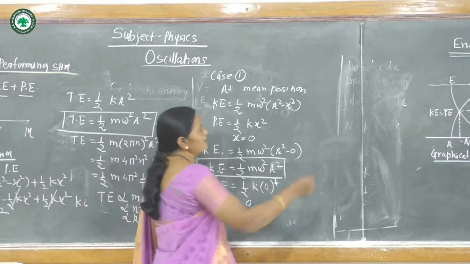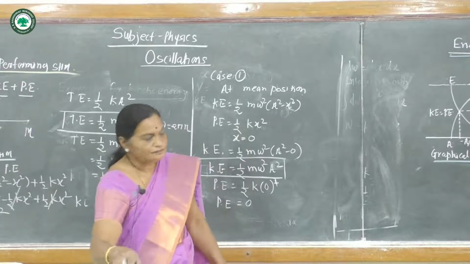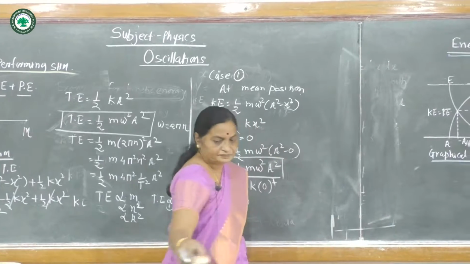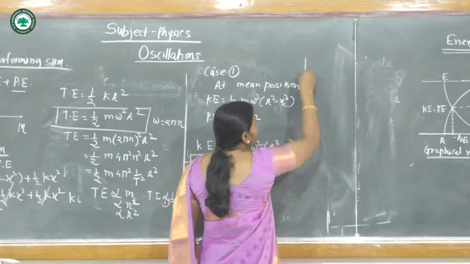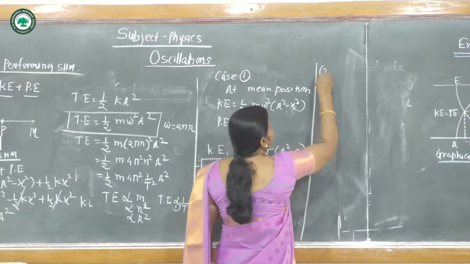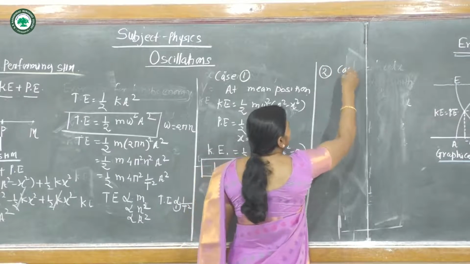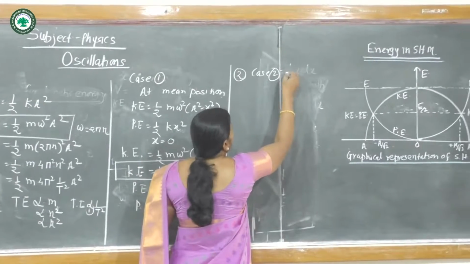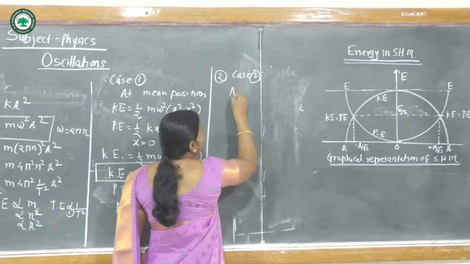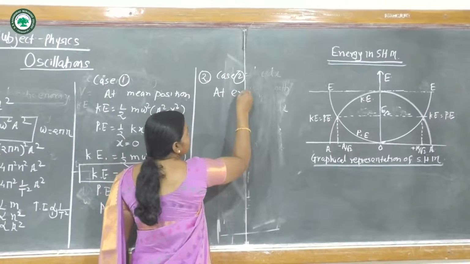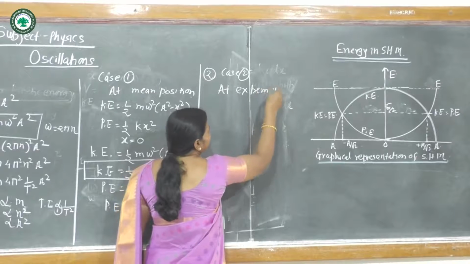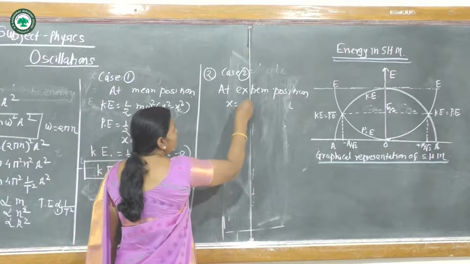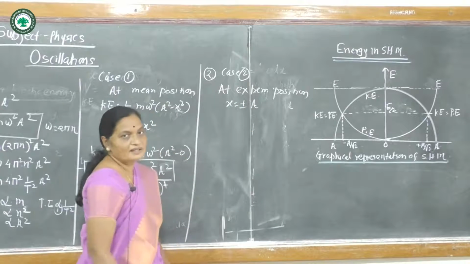Now we consider the second case. Case number 2, that is, the particle is at extreme position, that is x is equal to plus or minus a.